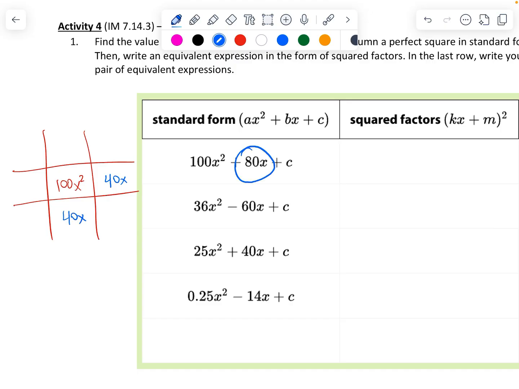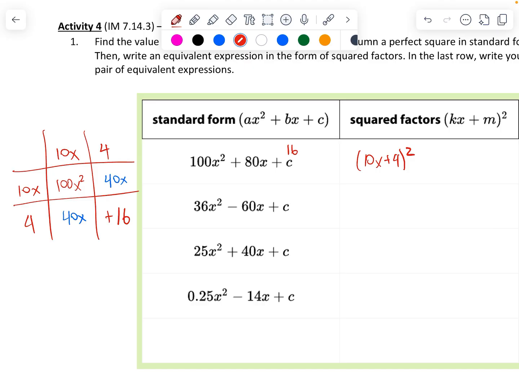We know that because the b value is 80x. So then this is going to be 10x, which makes this 4 and this 4. So basically we are going to be adding 16. So if your c value is 16, the square factors are 10x plus 4 and 10x plus 4. Right, so if you can, try to think of a way to figure out that c without doing the diagram.